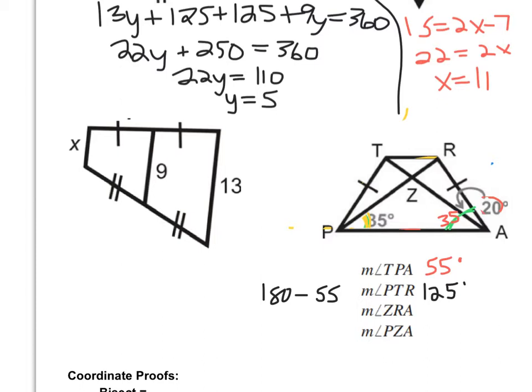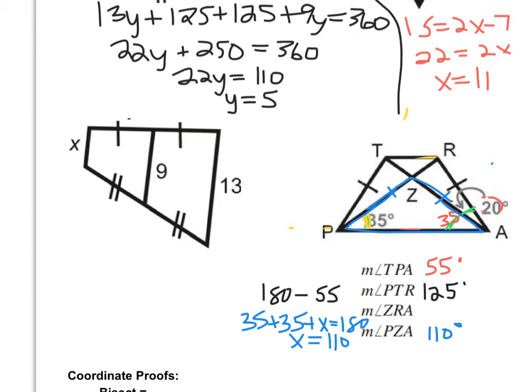Because I have the same little base angles right there. Alright. So I'm going to try to find PZA, and that's making a triangle right here. So I know 35 plus 35 plus my angle equals 180. So that means that angle I care about is going to be 110 degrees.